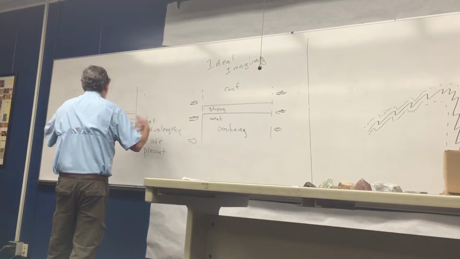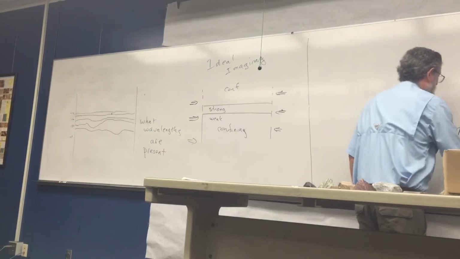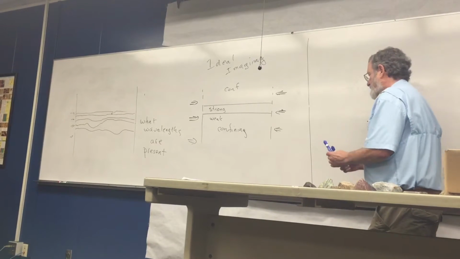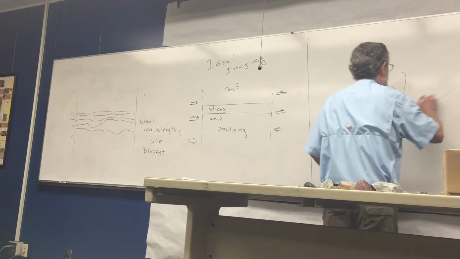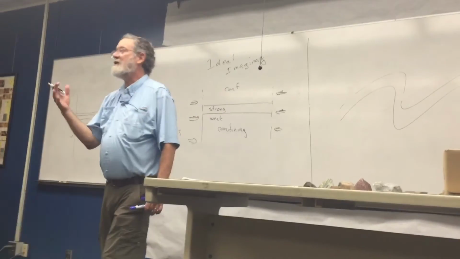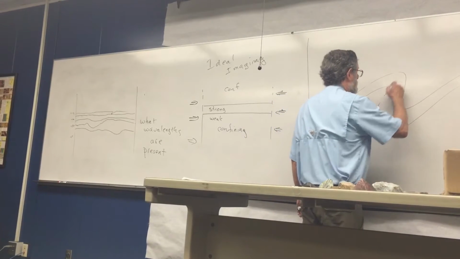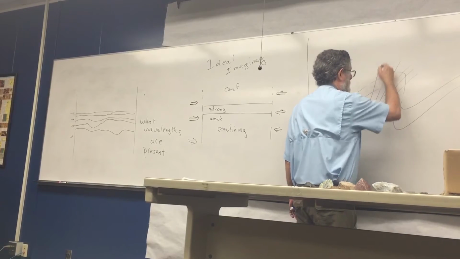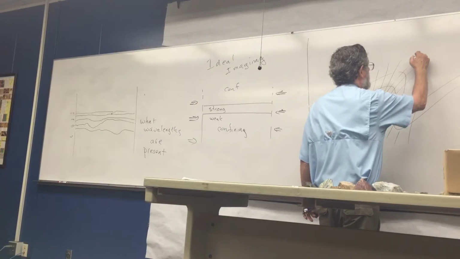Now, the next thing we want to talk about is very, very often when we find folds, let's say we have folds that look like this, what we see is that we will have some type of a rock fabric develop associated with that fold. And a lot of times that rock fabric will tend to fan.